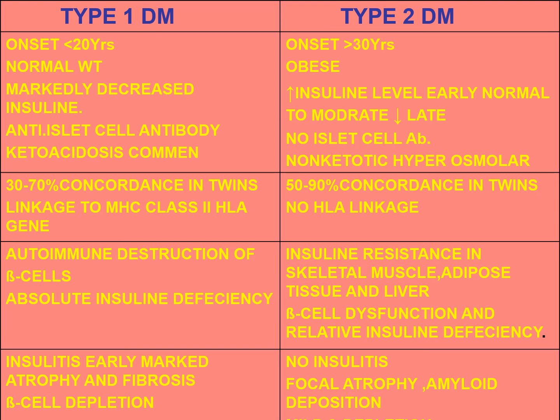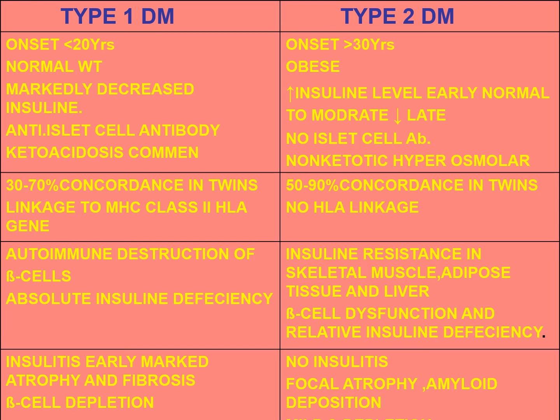There is a markedly decreased level of insulin in type 1, while in type 2 the insulin level may be high, or in the earlier stage moderately low, or maybe low at a later stage. There are islet cell antibodies in type 1 but none in type 2. Non-ketotic hyperosmolar coma is common in type 2, while ketoacidosis is more common in type 1 diabetics.